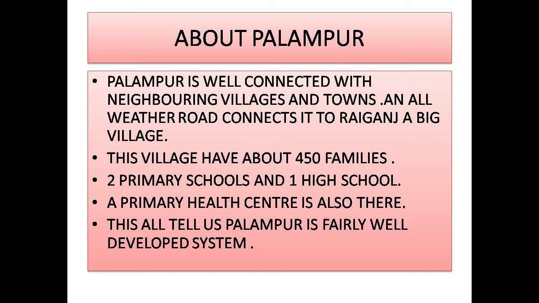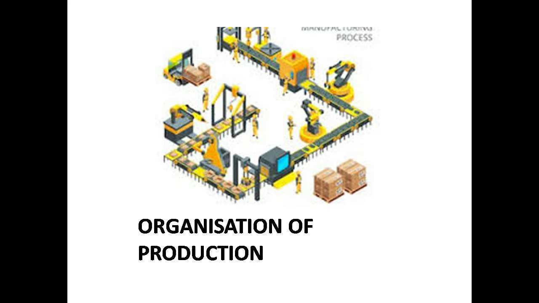A primary health center is also there. This all tells us Palampur is a fairly well developed system. Now we will try to understand organization of production, because this chapter is all about understanding how the production is done.